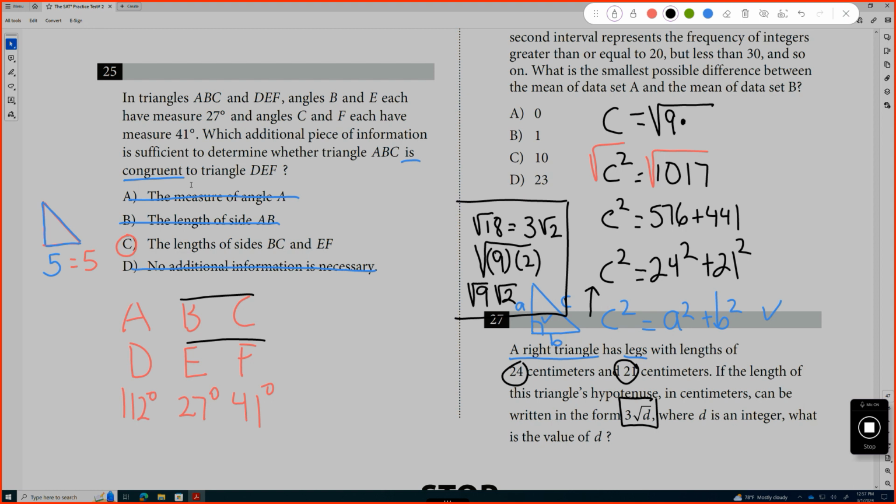It was easy to divide 18 by 9 and we get 2, but when we have 1017, notice that 1 plus 1 is 2 plus 7 is 9. So 9 goes into 1017 perfectly, and it's going to go in 113 times. So 9 times 113, based on what I did before, c is equal to the square root of 9 times the square root of 113. The square root of 9 is 3. So c is equal to 3 radical 113.